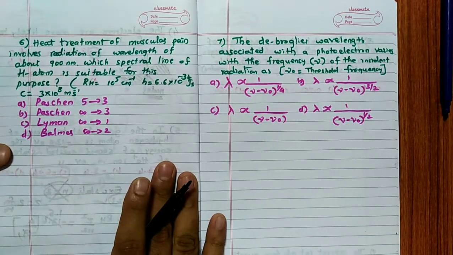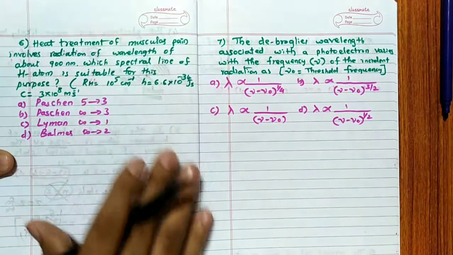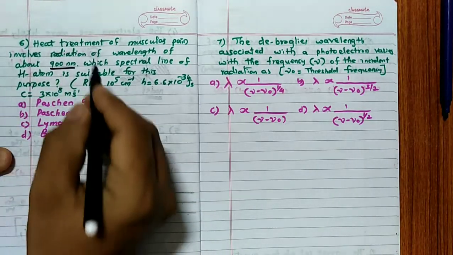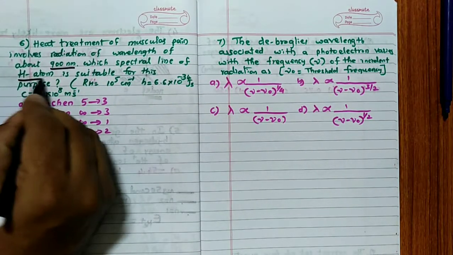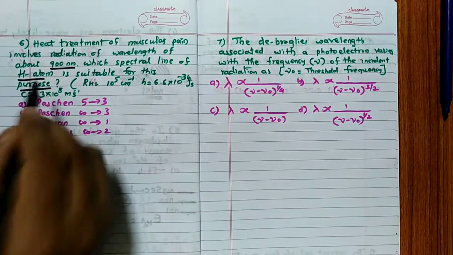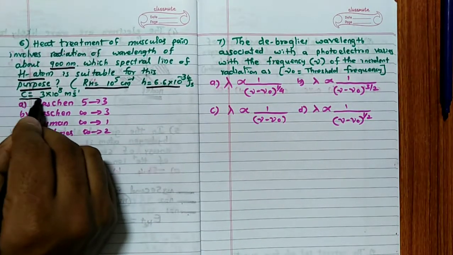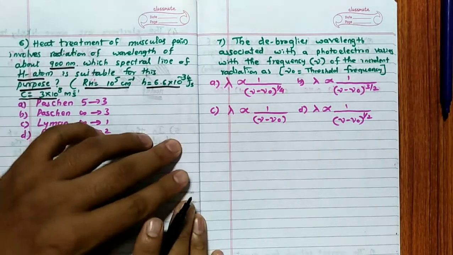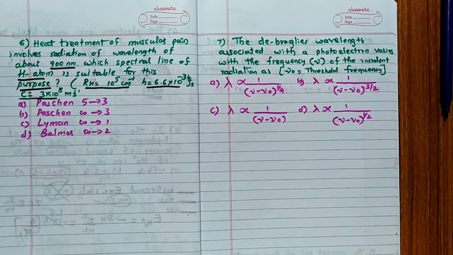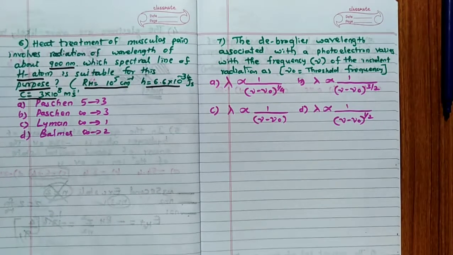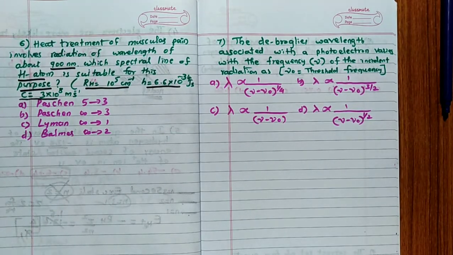Heat treatment of muscular pain involves radiation of wavelength of about 900 nanometer. Which spectral line of hydrogen atom is suitable for this purpose? RH value, h value, c value they have given. Generally all these constant values they will mention. But even if they don't mention, we have to be able to tell those values.